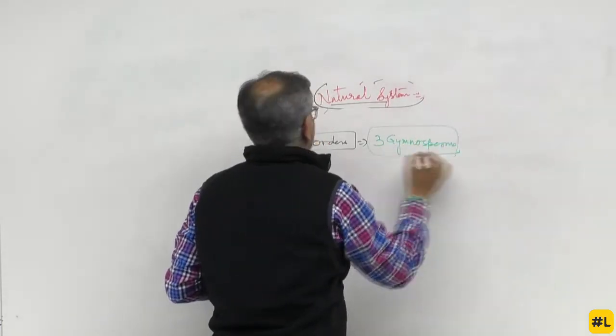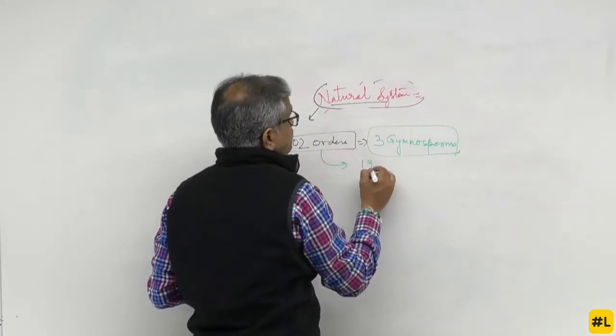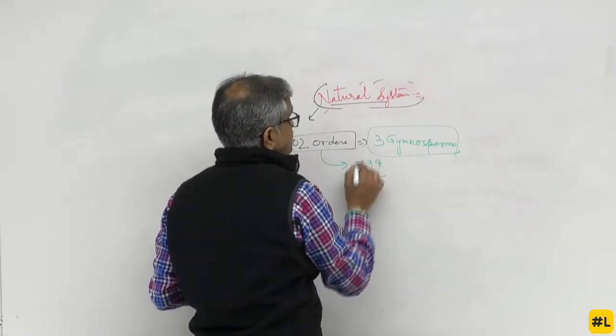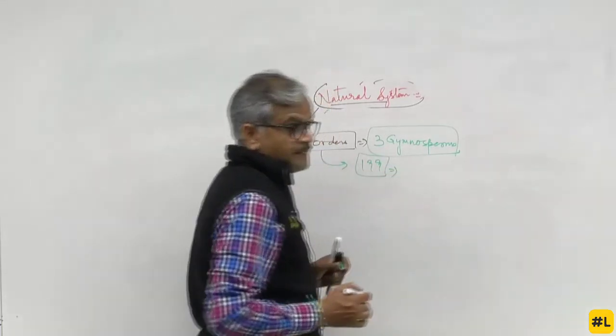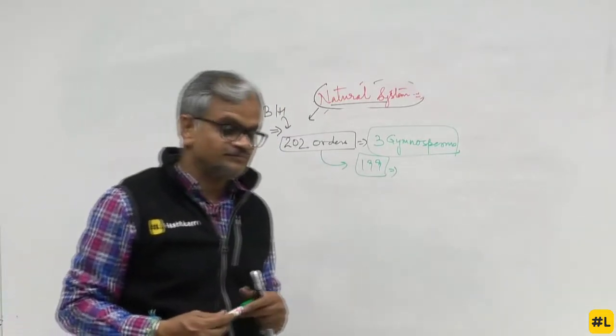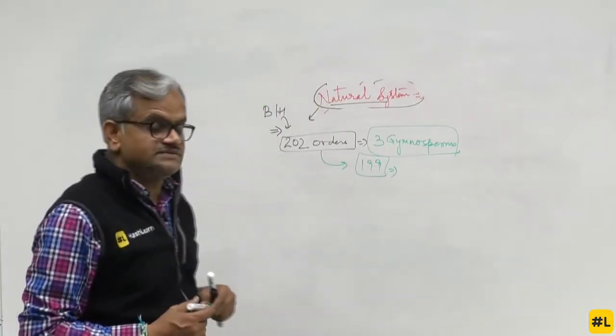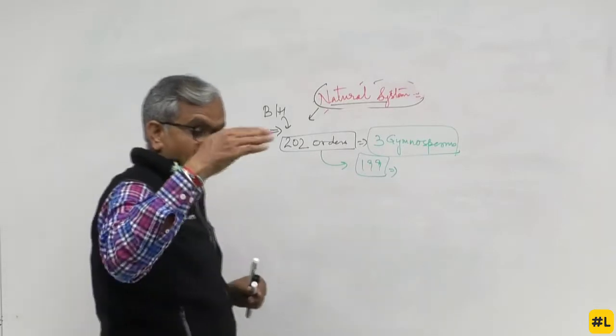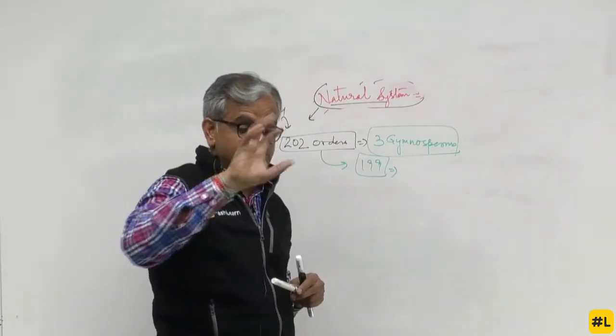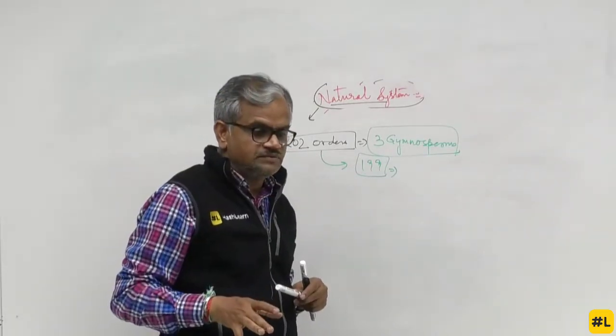So total truly angiospermic were only 199. This was the question asked in AIIMS.